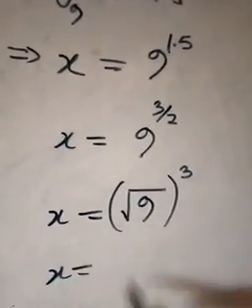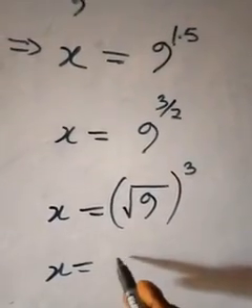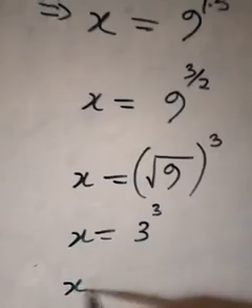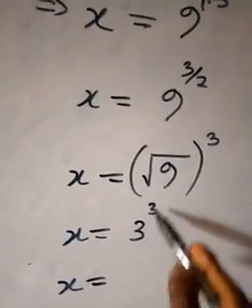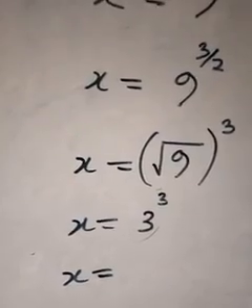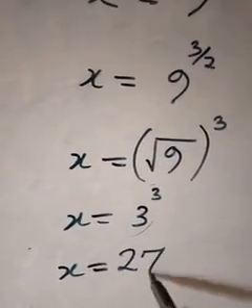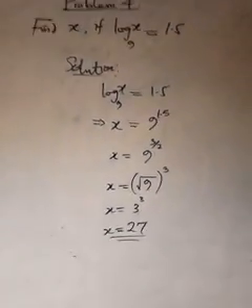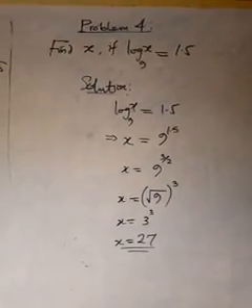Square root of 9 is 3, then raised to power 3, we have 3 raised to power 3, which is 3 times 3 times 3. That is 27. That is the answer. So this is how to solve this simple problem in logarithm.